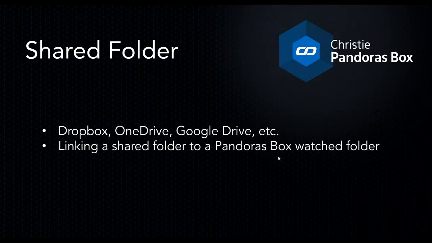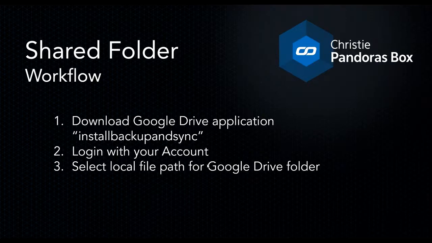First, a workflow for a Google Drive shared folder. What have you done before? Of course, you need an account for Google Drive. You download the Google Drive application on your local machine, and then you log in with your account.